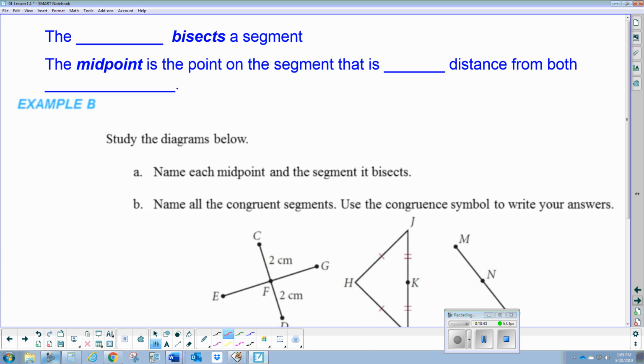This lesson is pretty heavy in terminology. So the next term that we have is that a midpoint bisects a segment. And the midpoint is a point on the segment that is equal distance from both endpoints.